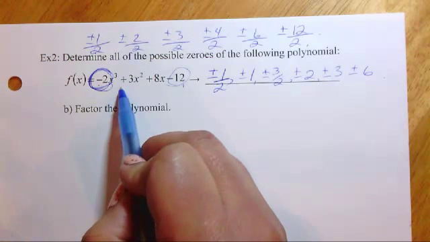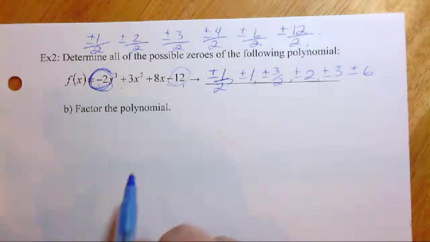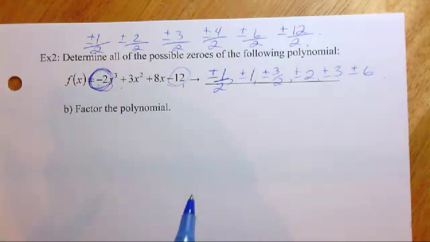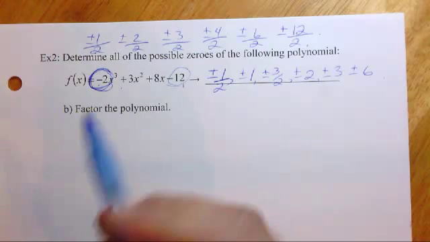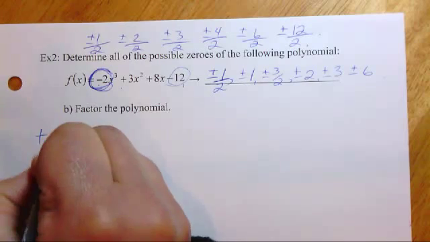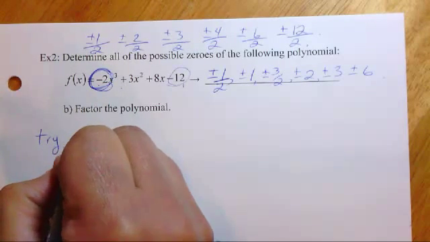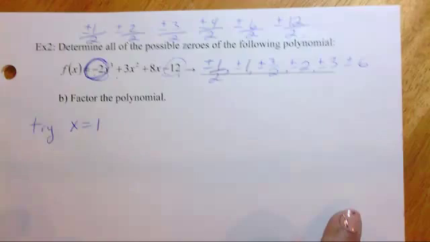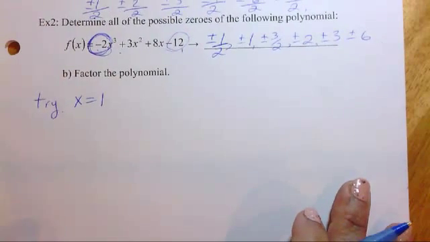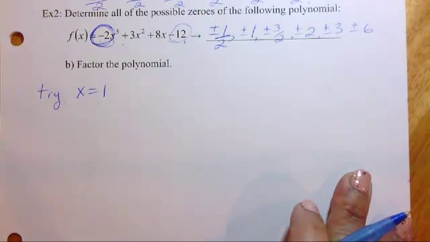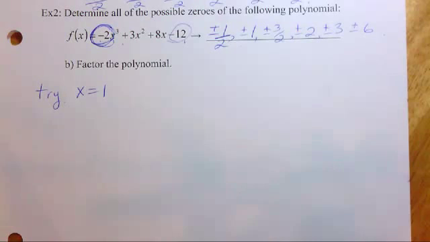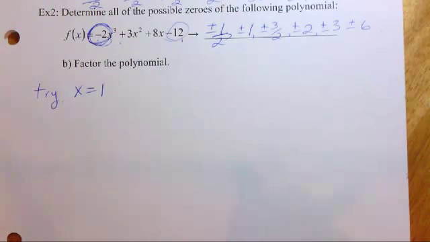Okay, so what I'd like you to do is hit pause and try x equals 1 and see whether or not it is a factor, and then go to the next step. So press pause and then come back and see what the answer is to this question.